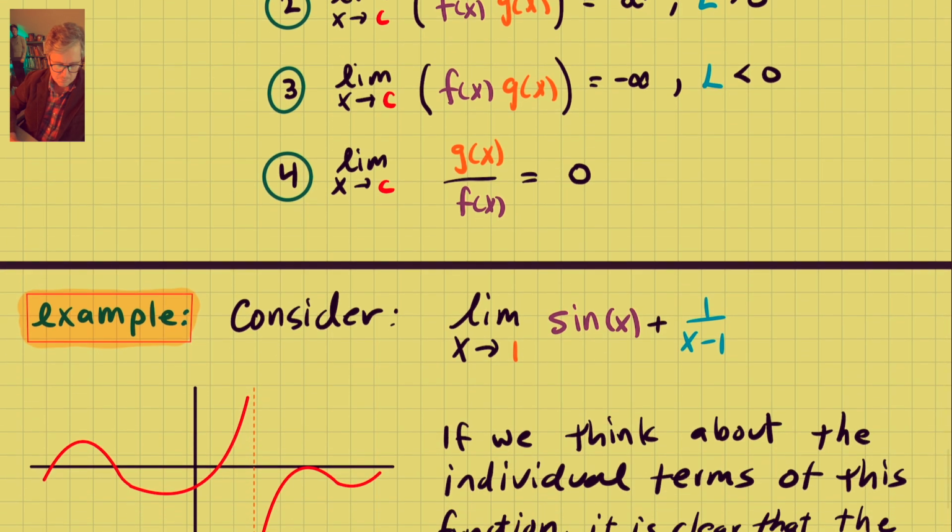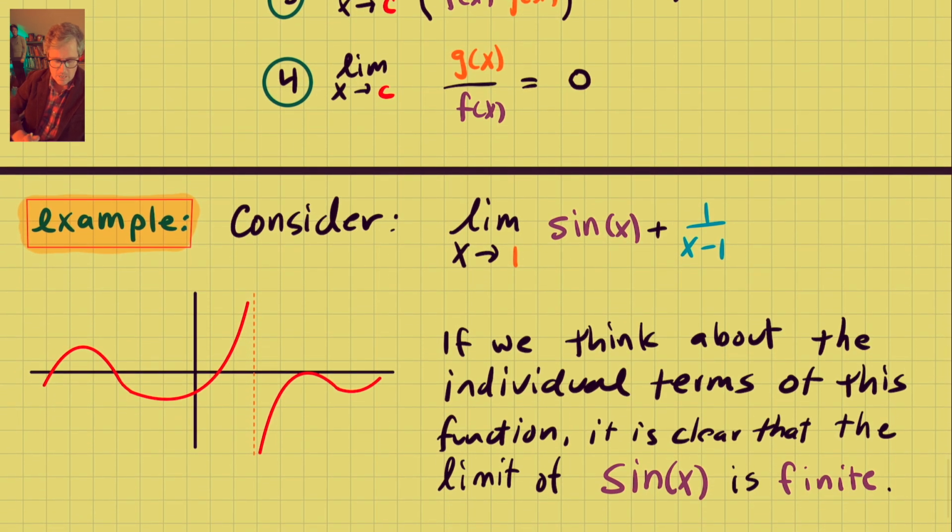Let's do a quick example just to make that a little more concrete. Consider the limit as x approaches 1 of sine of x plus 1 over x minus 1. So I've got two terms in this sum. The sine function, the limit there is going to be finite. It's going to be less than infinity, we'll say. And the limit of this one as x approaches 1, well, we know this has a vertical asymptote.